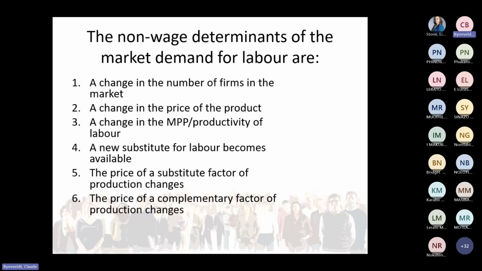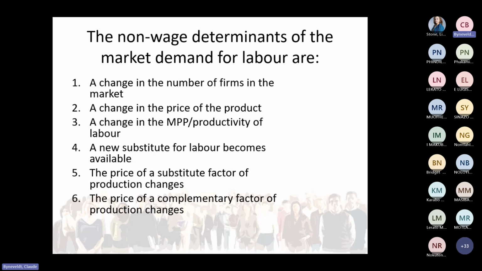Or the price of a complementary factor of production changes. By factors of production we mean natural resources, capital, entrepreneurship, and labor. So the cost of natural resources or raw materials can increase or decrease, or the cost of capital can increase or decrease.